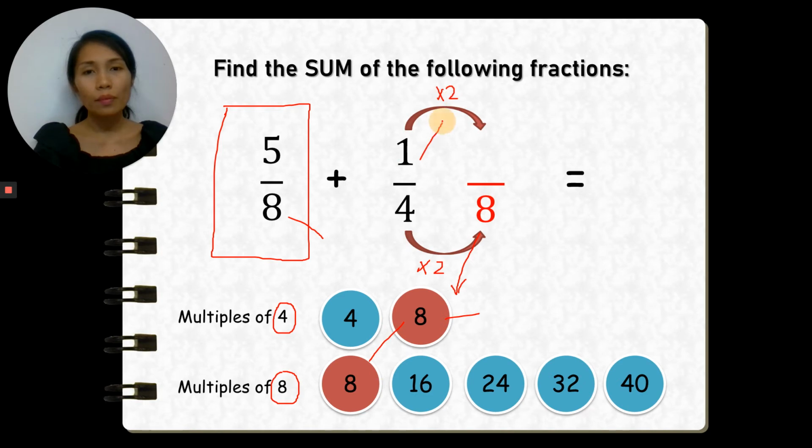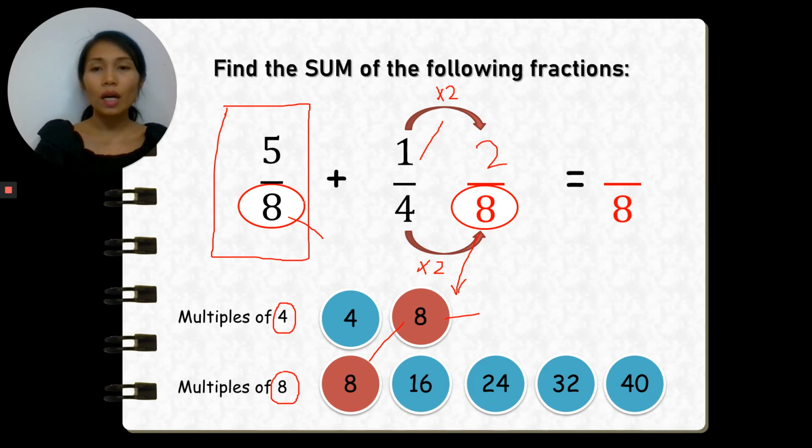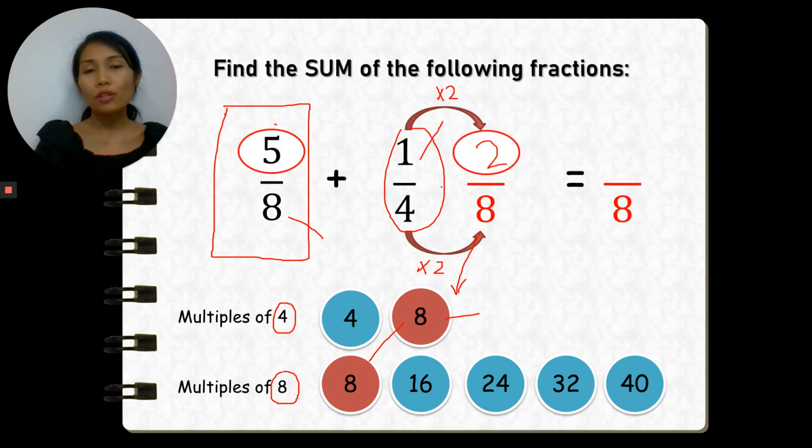Then 1 times 2 equals 2. Now that we got like fractions, we converted 1/4 to 2/8 since we get 8 as the common denominator. So we just copy 8 and then the numerators 5 and 2.